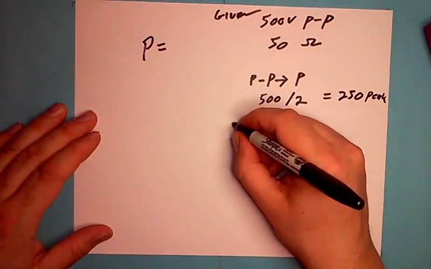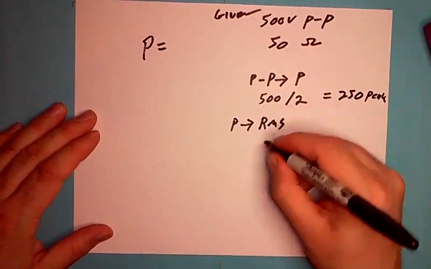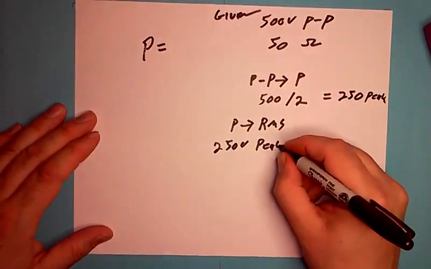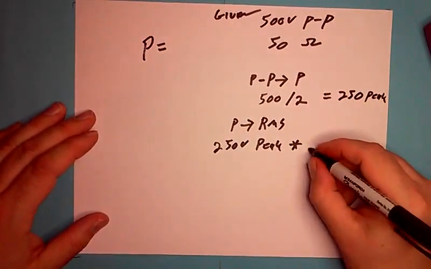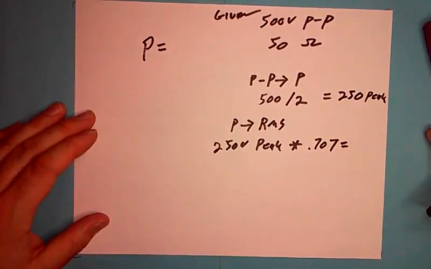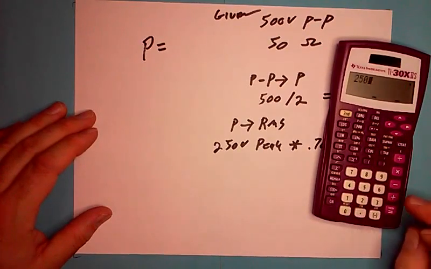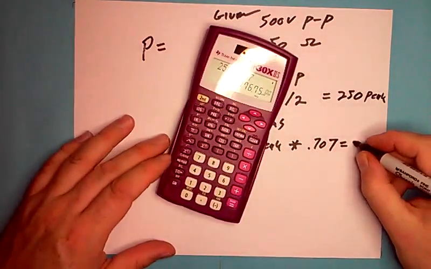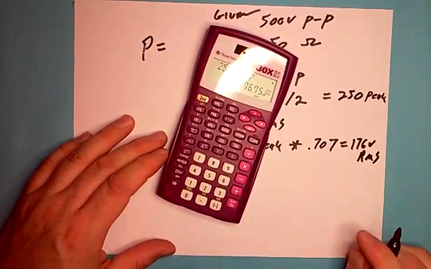Okay, peak to RMS, 250 volts peak times, remember, 0.707. Okay, so that's 250 volts peak times 0.707. This gives us an RMS value of 176 volts RMS.